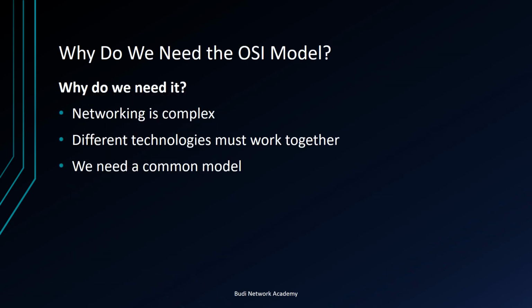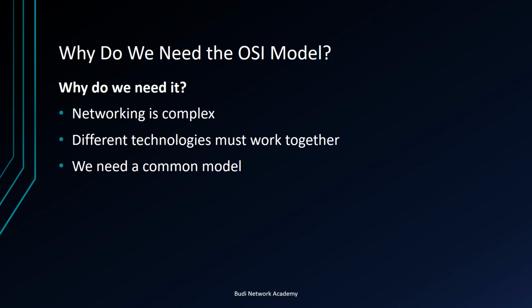Computer networks can be very complicated. There are cables, switches, routers, IP addresses, applications, protocols, and many other technologies working together. So, how can we understand everything that's happening when two devices communicate? This is where the OSI model helps us.